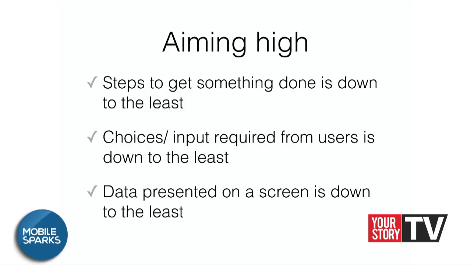When you're talking about aiming high, you look at a problem and see how you can get something done in the least possible steps. If I look at mobile specifically, you think through a particular flow: what are the elements that you can completely do without?